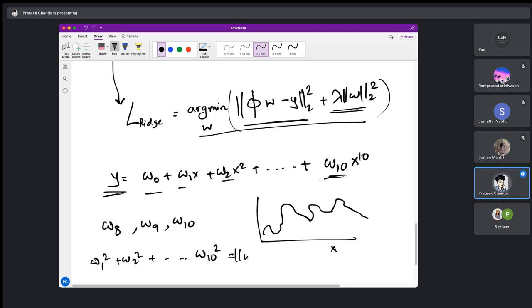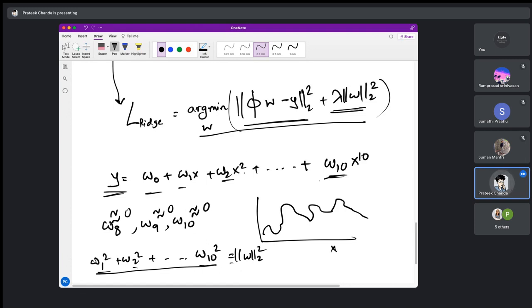Since I'm also trying to minimize this objective, the higher order terms like w8, w9, w10 get close to 0. My selection of the optimal w's results in close to 0 for w8, w9 up to w10.